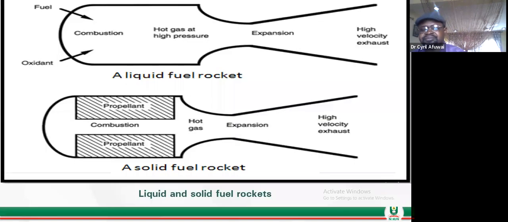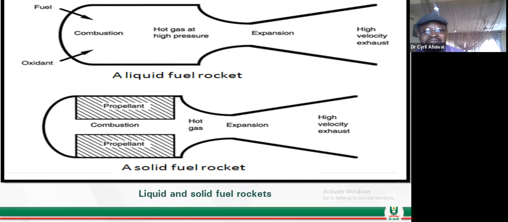Now we can see in this figure on the screen, we have two types of fuel rockets. The first one is the liquid fuel rocket, and the solid fuel rocket. In the liquid fuel rocket, you can see the fuel and the oxidant coming in, and then combustion takes place.